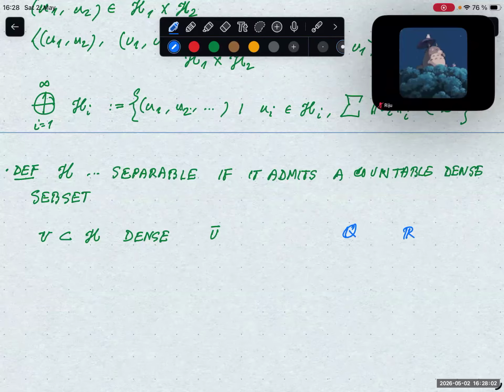And then how do you get the set of rationals to the set of reals? Those who know, they know that you basically do completion, and that's one way to construct real numbers, right?